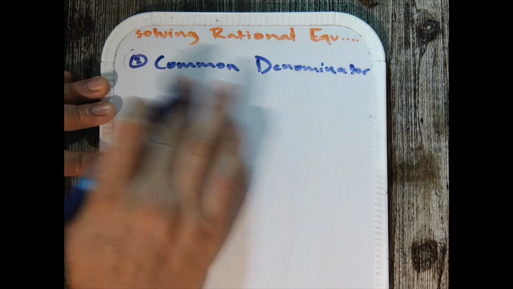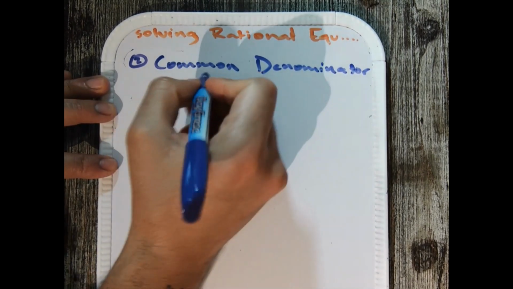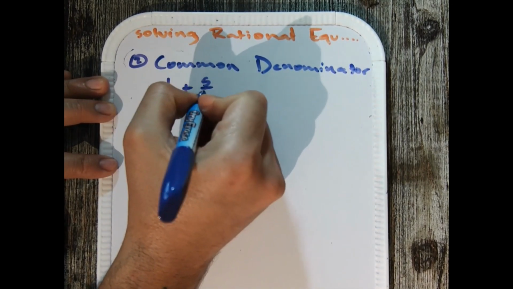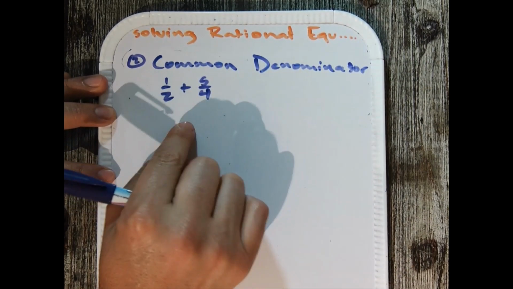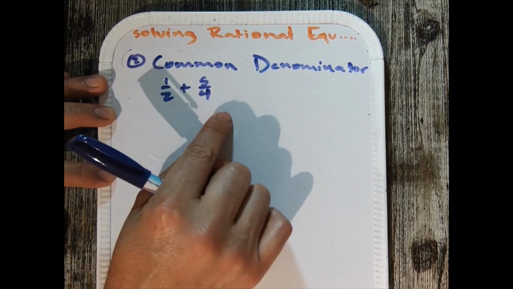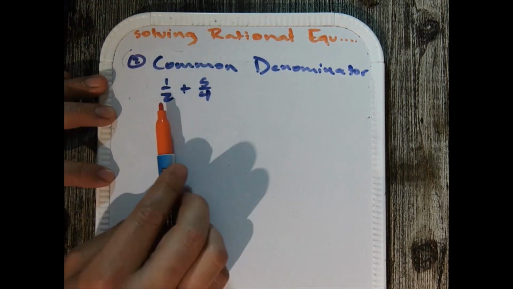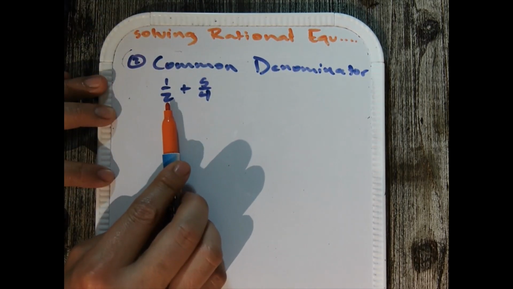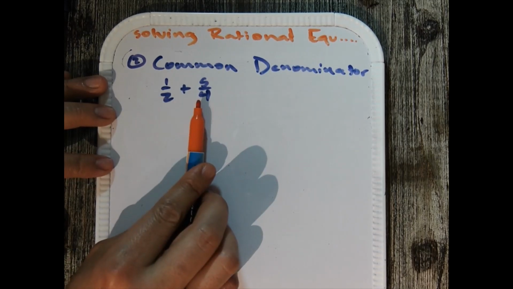In a simple example, let's say I have 1/2 plus 5/4. Now we cannot add these two fractions because I don't have the same denominator. I don't have the same number on the bottom. So what I need to find is the least common multiple between 2 and 4. The least common multiple between 2 and 4 is 4.